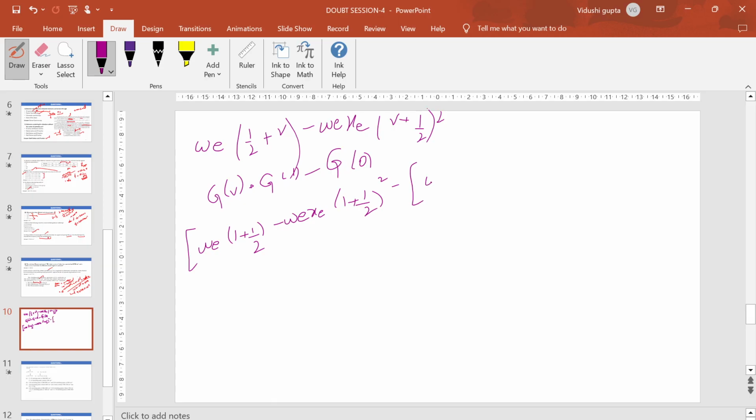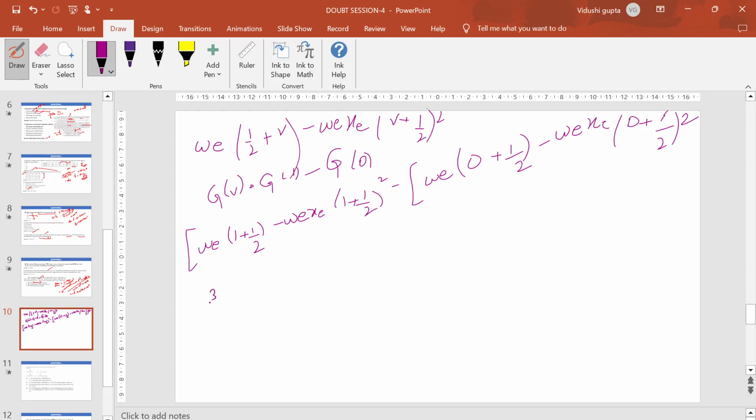So it will be omega E, now 0, we have plus 0, then minus omega E XE, 0 plus half whole square. Then just solve this.